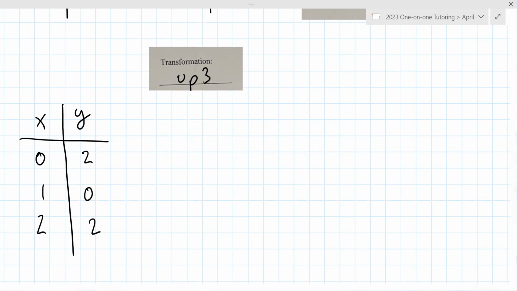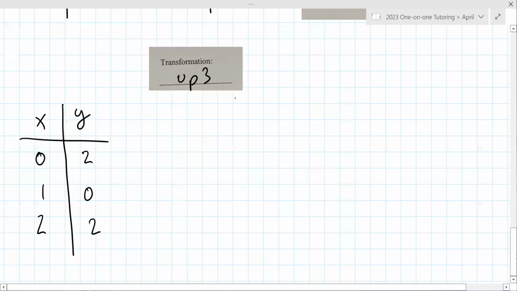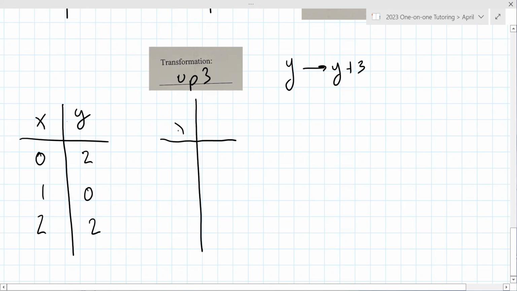Now back to X. Oh, Y. It affects the y. In fact, you're going to add 3 to each y value. So can you do that for us, please?